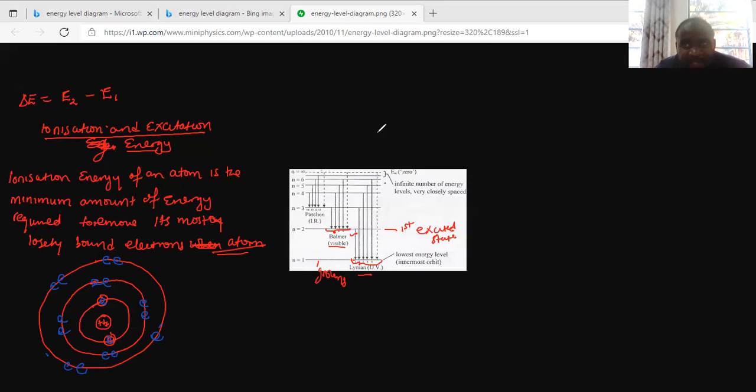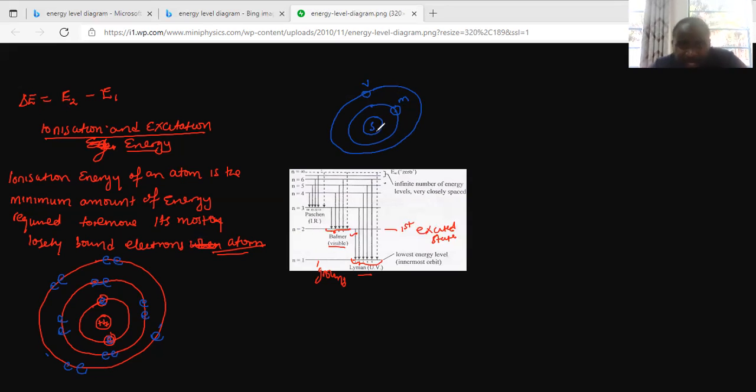Those of us who attended the lesson on gravitation, I remember talking about the sun. Some scientists predict that our solar system is a very big giant atom. When we have Mercury here, Mercury has a small mass and is less energetic. That's why it is easily pulled by the sun, being closest. Then from Mercury, you have Venus. Venus in the second orbit is further away, but Venus is a little bit bigger than Mercury.